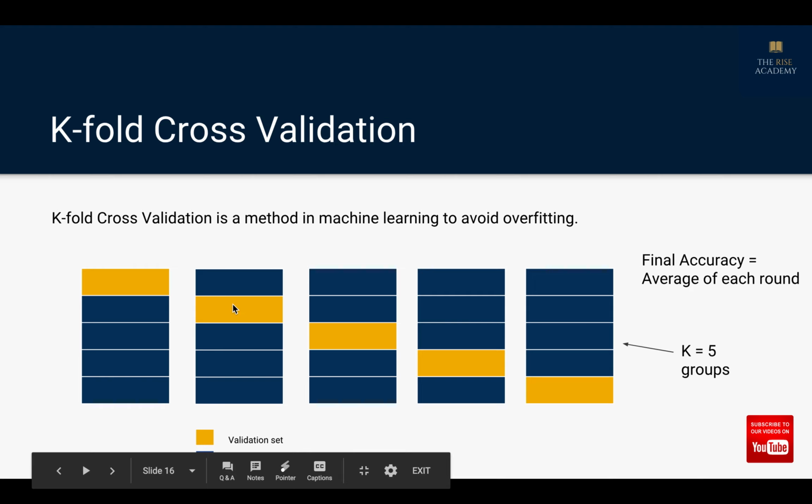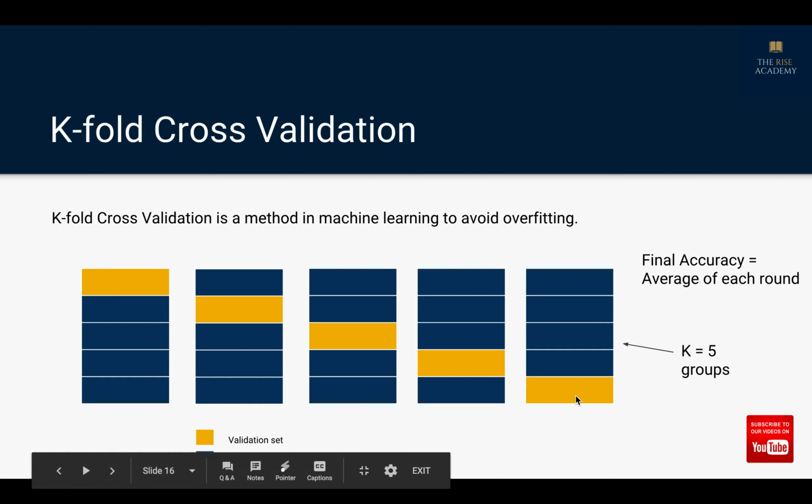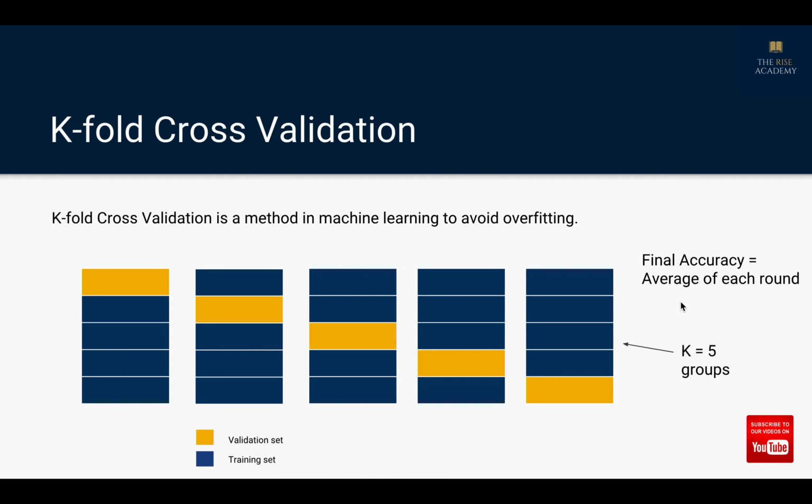And I repeat it multiple times. I choose a different validation set each time and I train and test my data accordingly. And for each of these groups, I take the average of the outcome and I come up with my final outcome or my final accuracy, right?